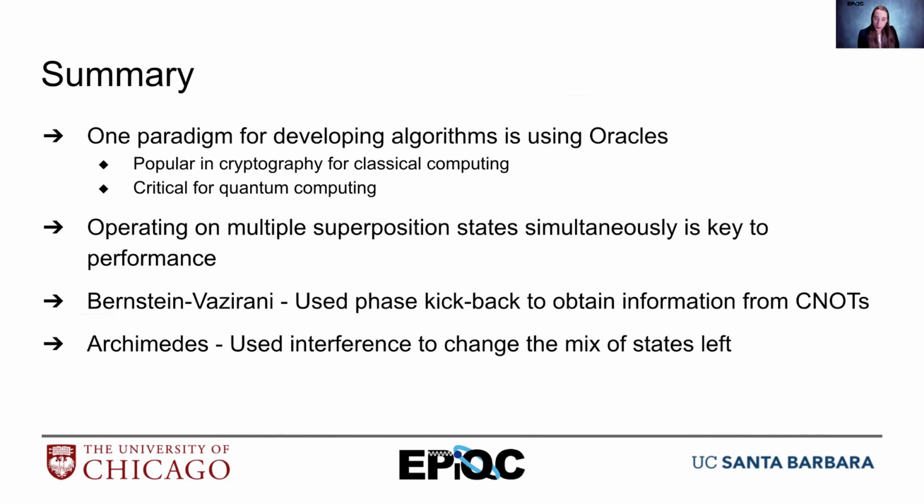Bernstein-Vazirani used phase kickback to obtain information from those CNOTs because we were told there were CNOTs inside. Whereas Archimedes, we weren't told what was inside. We used the oracle just as a blind oracle. And we used interference to change the mix of the states left. So it got very complicated with lots and lots of states, but many of them were negative and many of them were positive. And so a lot of them canceled each other out.